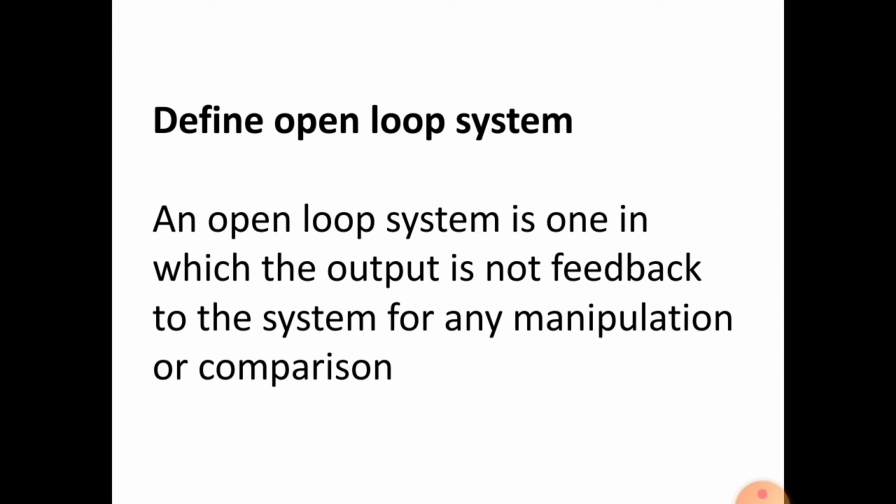So this system is called open loop system. In an open loop system, output is not fed back to the system for any manipulation or comparison. So output is only to read. We are not going to use the output for any manipulation or comparison. This system is called open loop system.